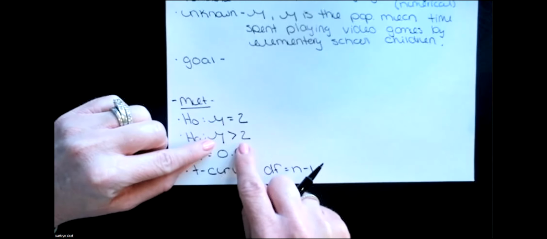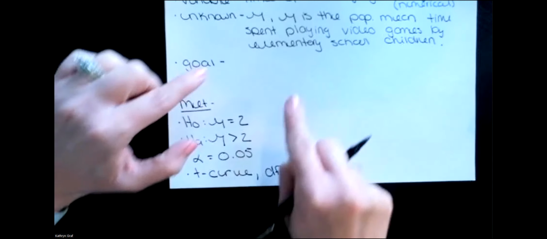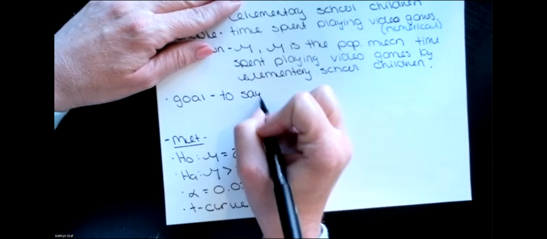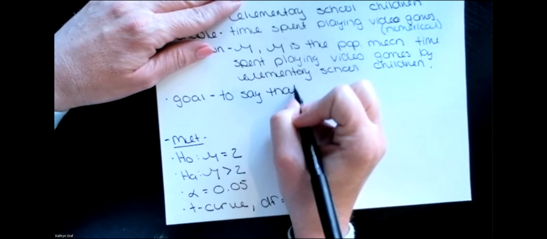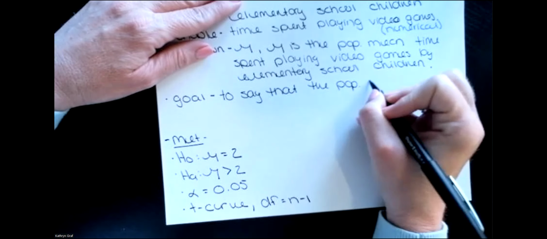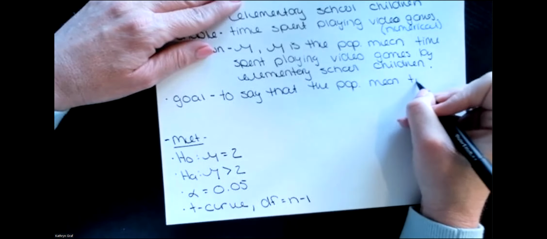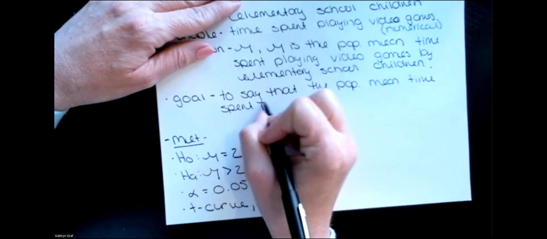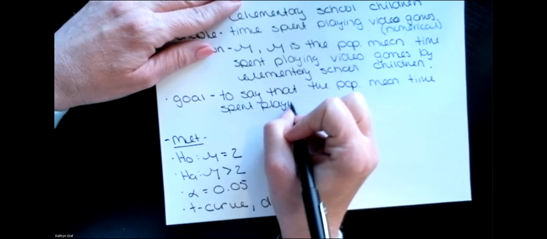This is it in symbols, and now I'm going to take this and write it in words up here for my goal. So my goal is to say that the population mean time spent playing video games.